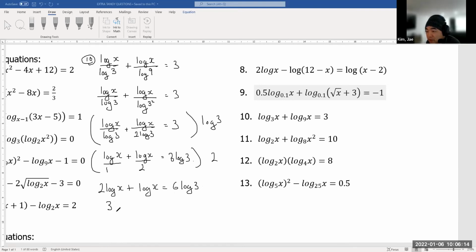This becomes 3 log x equals 6 log 3. Divide. So log x equals 2 log 3. Log x is equal to log 3 to the power of 2, which is a 9. Therefore, x equals 9.